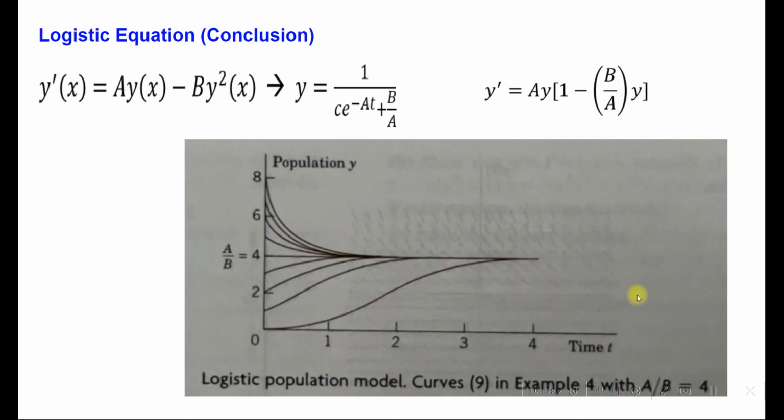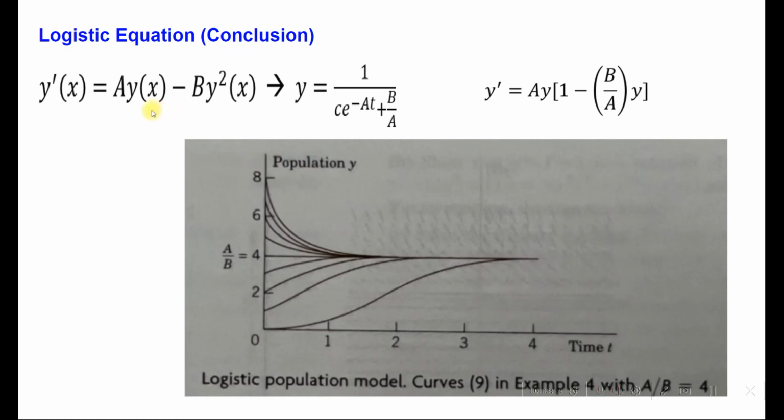So for me, the most beautiful point is that you can totally predict the trend of population by simply observing this mathematical form.